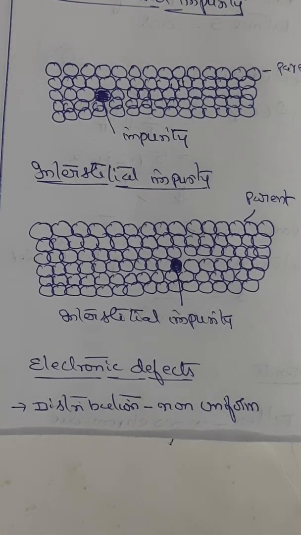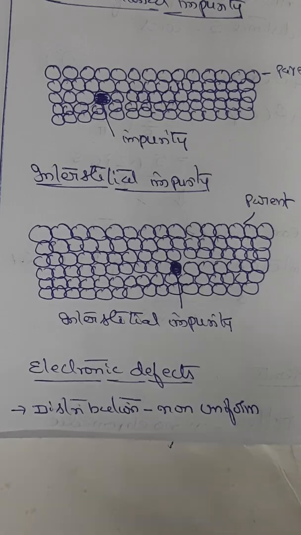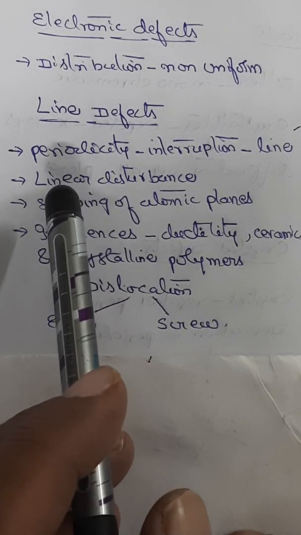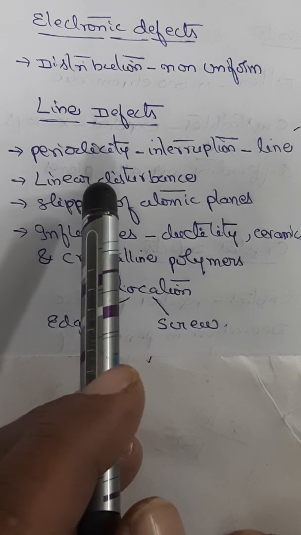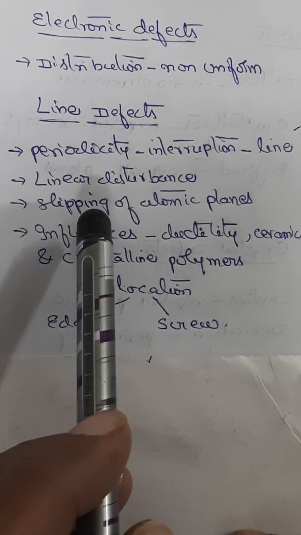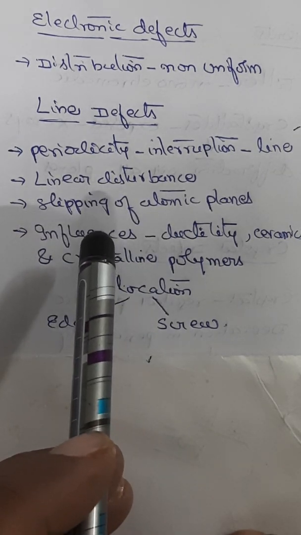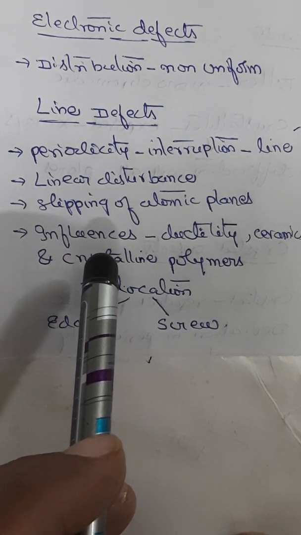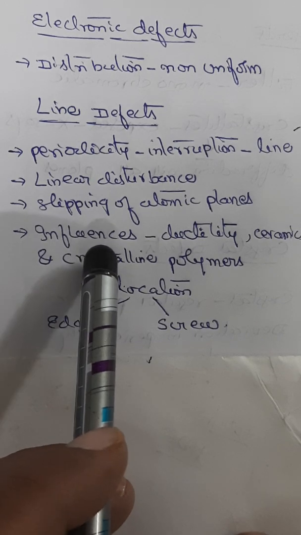So let us understand yet another type of defects, what is known as line defects. When the periodicity of atomic arrangement is interrupted along a line or along certain directions in the crystal, then the defect is what is known as line defects or dislocations, what we call.